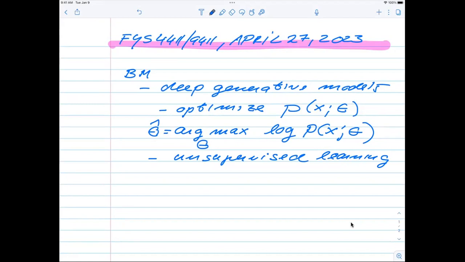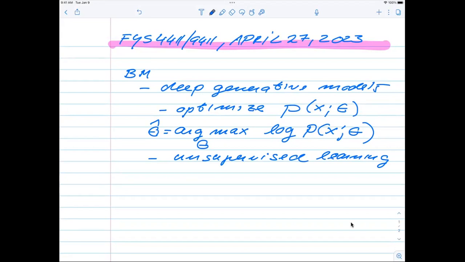In physics, we are very much interested in this approach in order to find a probability distribution so that we can generate new events. This could be events for an experiment at CERN, just to give an example, or events which are needed in order to label whether you have an ordered or disordered phase, if you're looking at phase transition type models, spin type models like the Ising model or the Heisenberg model or similar models.